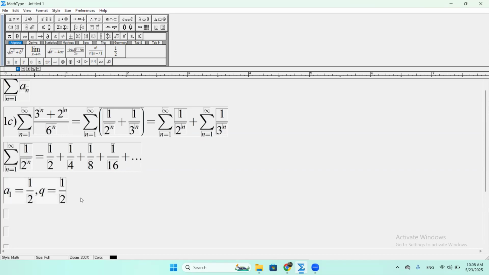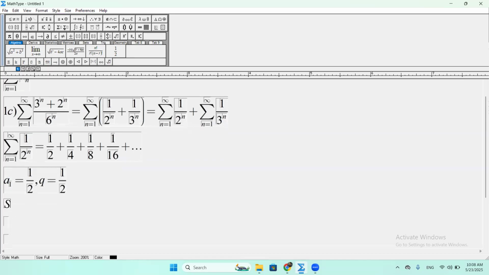And how to calculate the sum of the infinite geometrical progression? So this geometric progression is infinitely decreasing. So the sum of the infinitely decreasing geometric progression will be calculated in the following form.